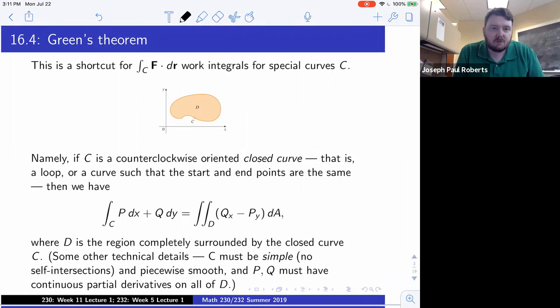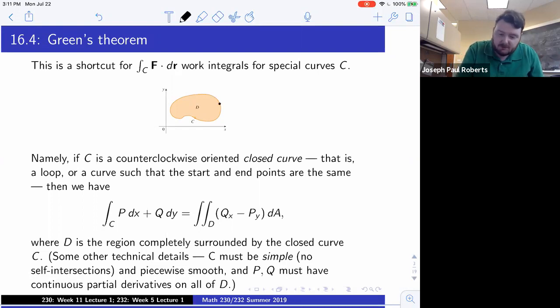So the curves we're going to be on the lookout for with Green's theorem are what we call closed curves. We briefly talked about closed curves last week in the context of conservative vector fields, but this works for any vector field. It doesn't matter. So we're on the lookout for a closed curve. A closed curve is basically a loop of some sort, a curve where the start and the end points are the same.